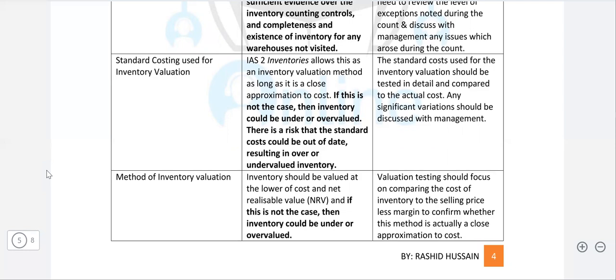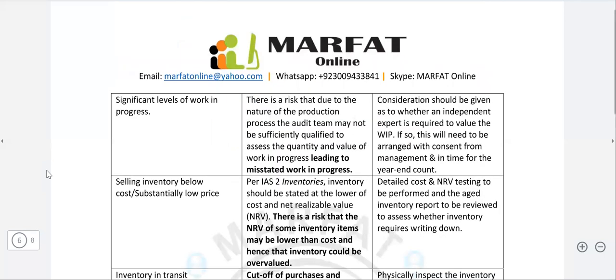So there is a risk that the standard cost may be outdated, which leads to the under or overvaluation of the inventory. Then method of inventory valuation: whatever inventory valuation method is being chosen, it should not breach the basic principle of IAS 2, which is recording the inventory at lower of cost or NRV.